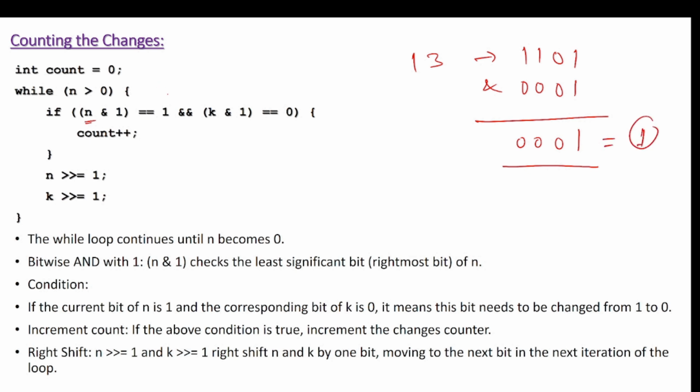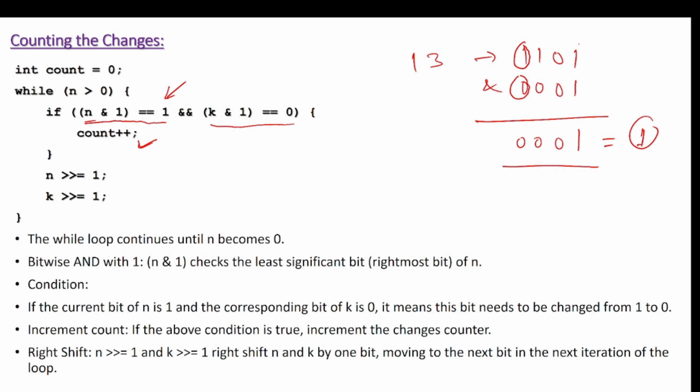So this condition is saying that if n AND 1 is 1, this is a 1 bit, and for k it is coming 0, then we will count, because there is a 1 and a 0, so we can convert this. Otherwise we will not change.